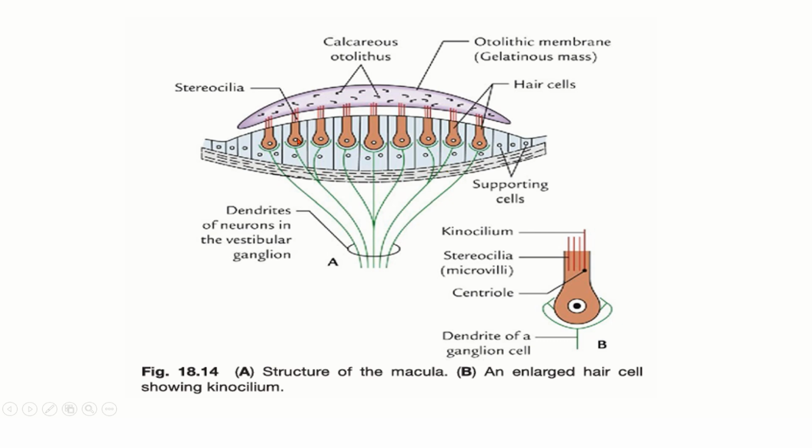Again you can see these are the hair cells with the stereocilia, and there will be a kinocilium here, stereocilia and kinocilium. You can see these are the supporting cells. These are the dendrites of the neurons in the vestibular ganglion. So this is the structure of the macula. The macula is concerned with linear acceleration and deceleration and static equilibrium.